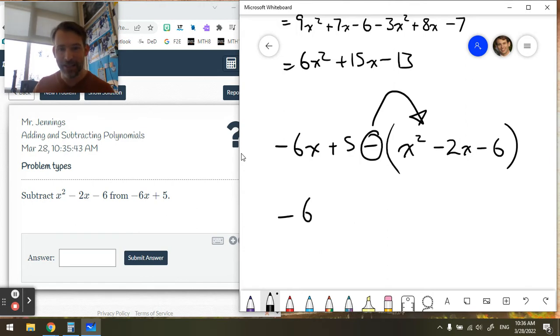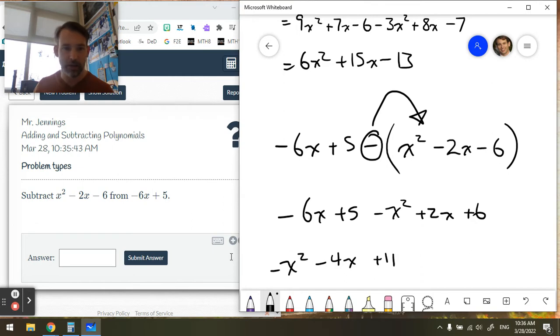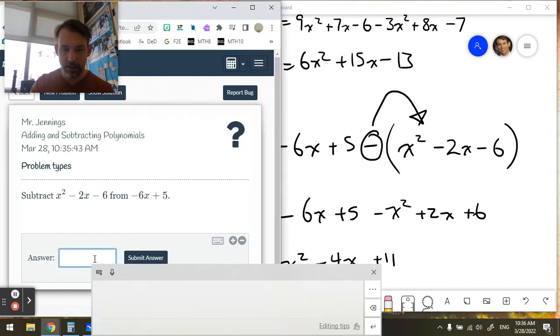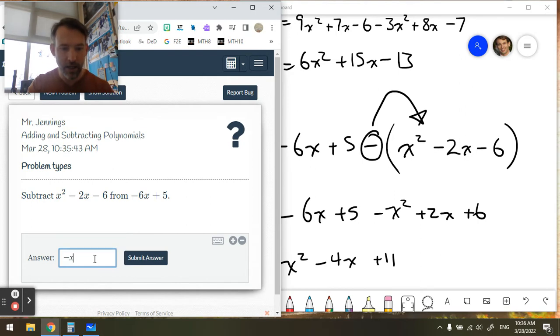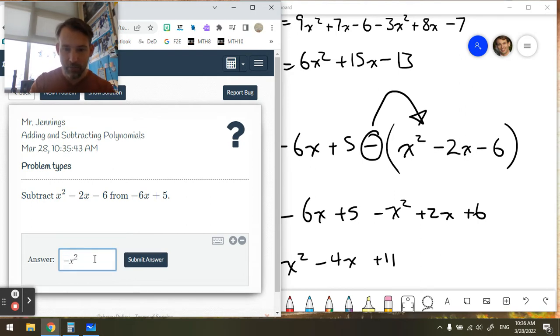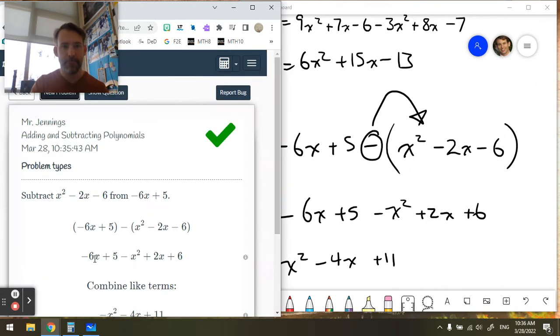Okay, so minus 6x plus 5, flip all the signs inside. Minus x squared plus 2x plus 6, collect like terms. We will have negative x squared minus 4x plus 11. Put that in there. Well, minus x squared minus 4x plus 11.